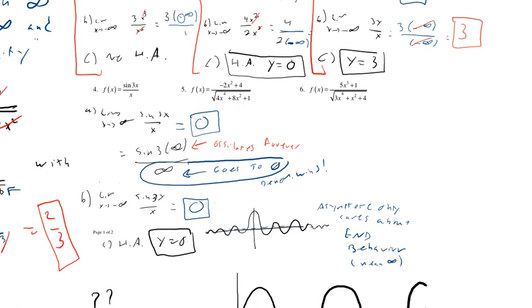Let's do number 6 just quickly here, and then I want to get to our little practice that we have. Number 6, part A: limit as x approaches infinity. We've got our situation with a square root. So again, when I do this, I can ignore everything but the biggest exponent. So the 1 is going to go away, the 4 is going to go away, the squared is going to go away.